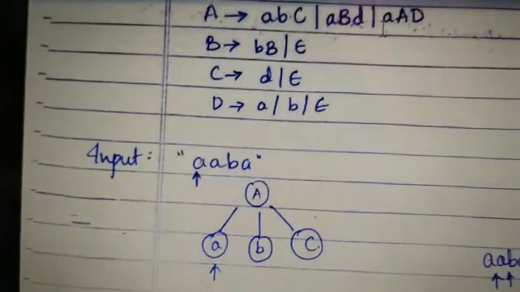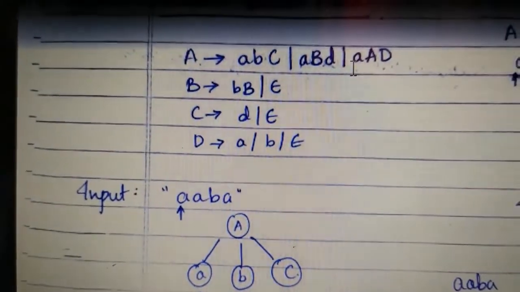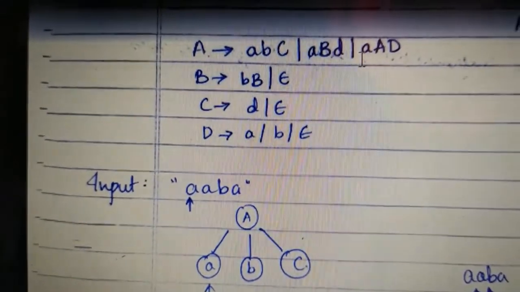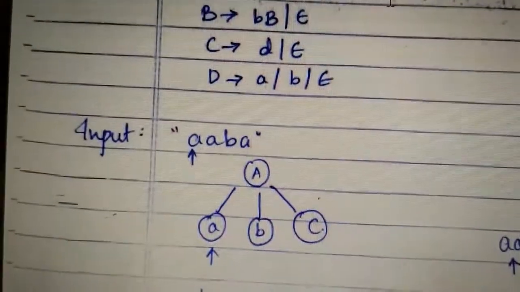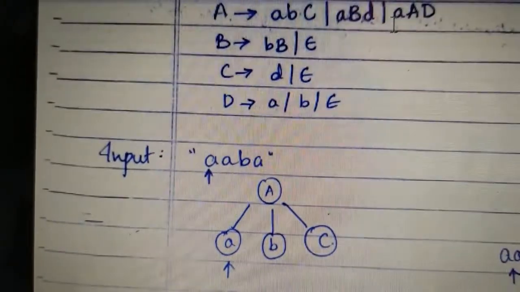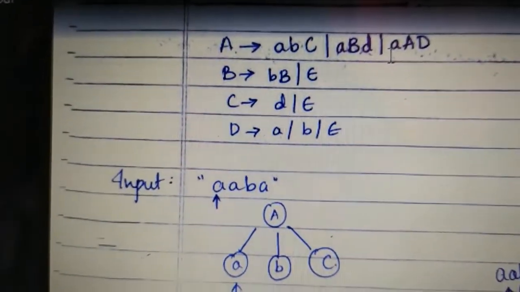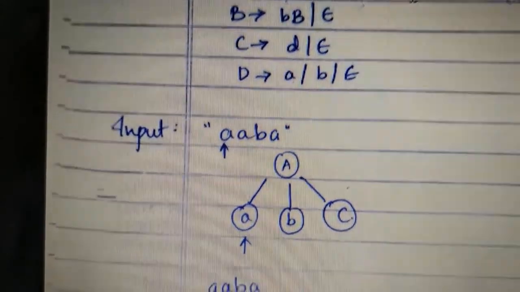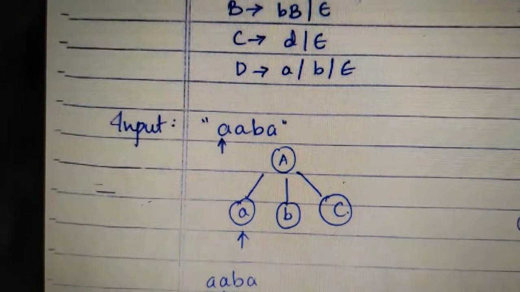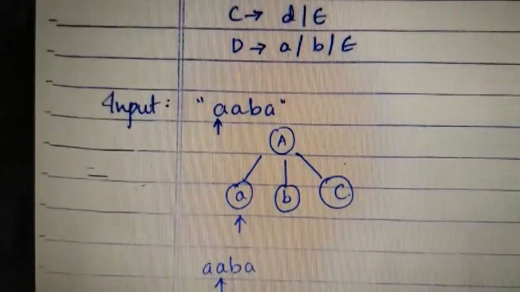So we'll start with the start symbol A, since this is a top-down parser and it does the leftmost derivation, as we all know. First it considers A as the start symbol, and it takes the first production value, ABC. Here in this case, a is matching with the leftmost value.